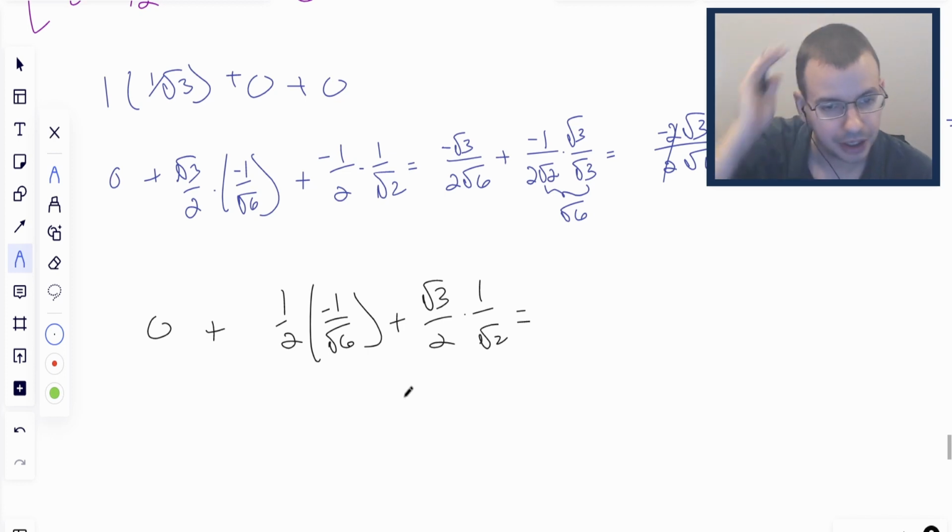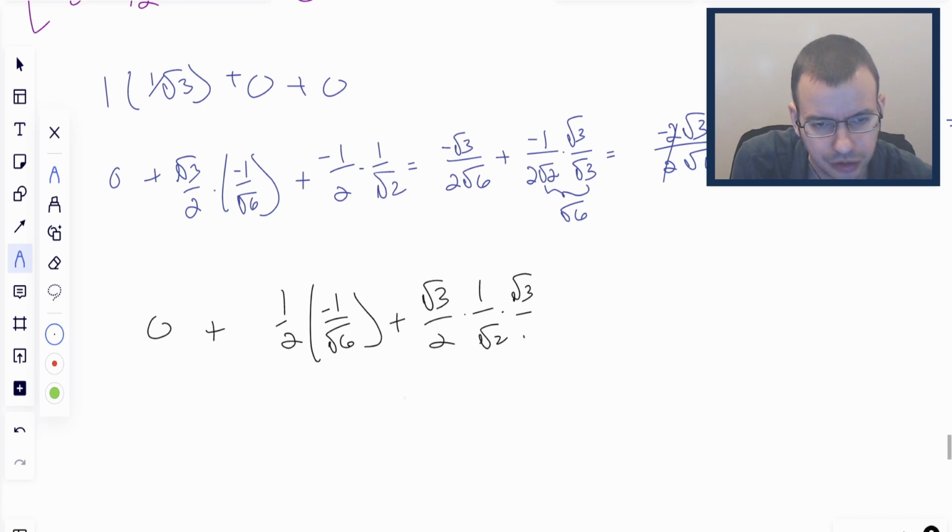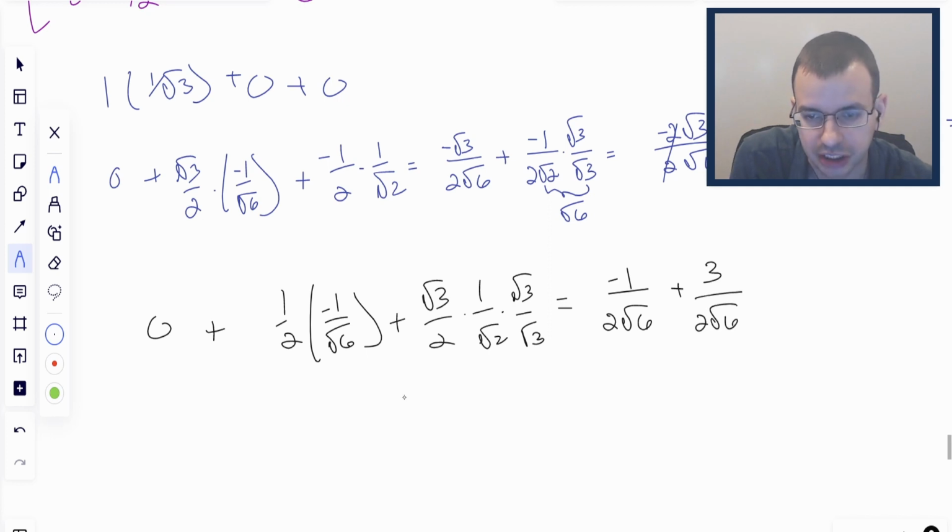So we want common denominator. Oh, yeah, we just do square root of 3 on the bottom, times square root of 3 over square root of 3. So this gives us negative 1 over 2 square root of 6 plus 3, because square root of 3 times square root of 3 is 3, all over 2 square root of 6.